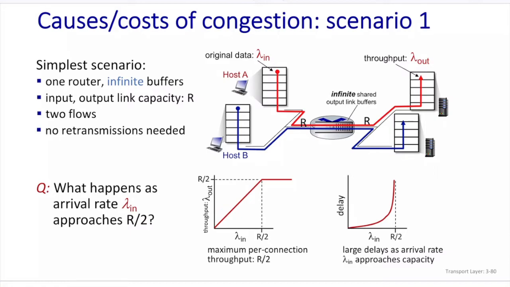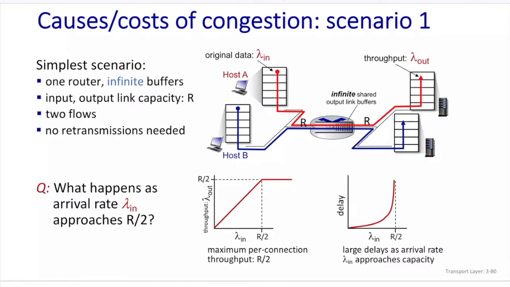Okay, so here we have several different scenarios to discuss congestion control. The first one is scenario number 1. However, I have to mention that this scenario is an ideal scenario. Actually, the internet does not look like this.